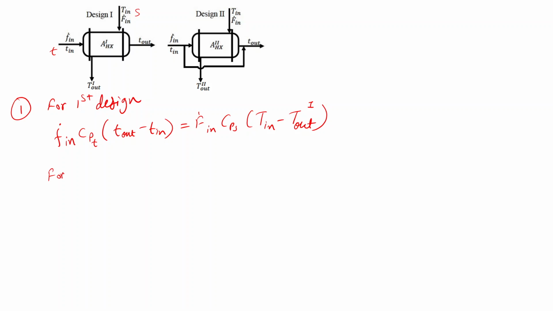Similarly, I will write this for the second design. Here the flow rate and the other parameters for both these heat exchanger designs were given as constants, so I will just replace them as the same. The inlet and outlet temperature T in and T out are the same as the previous one.